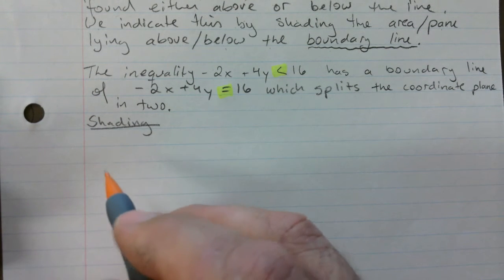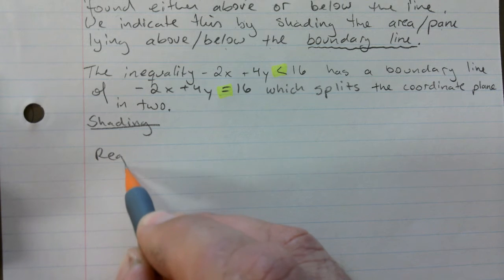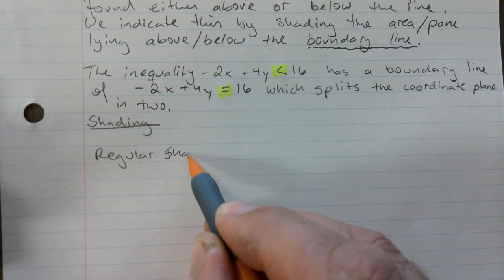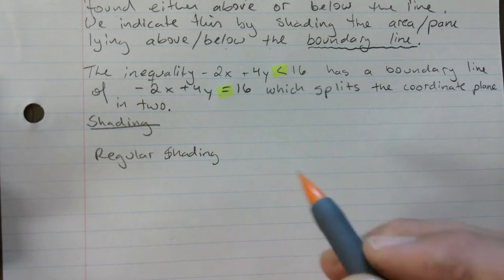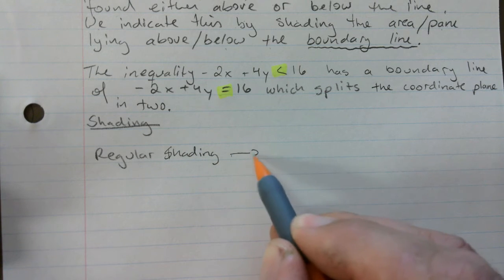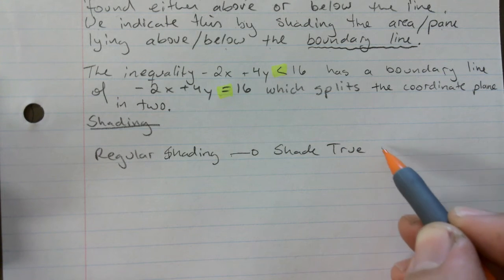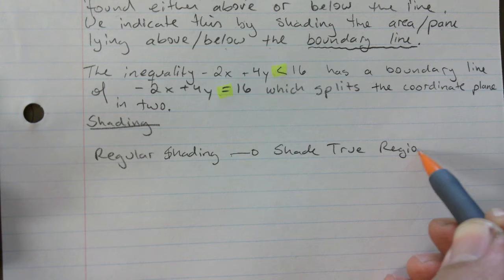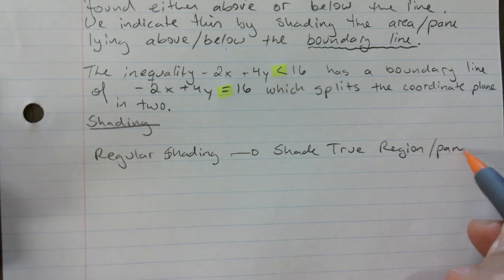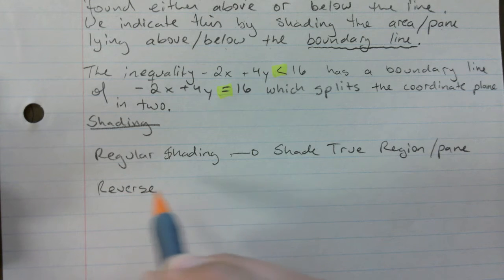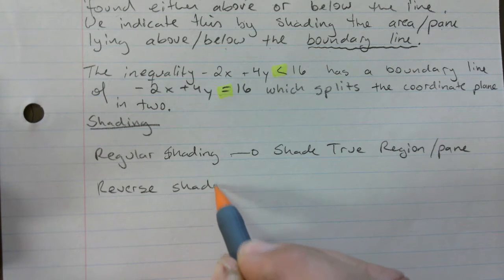So there's shading, something that I refer to as regular shading. Shade the true region, or the pane. Okay, and then there's reverse shading.